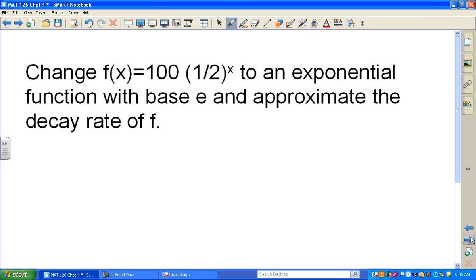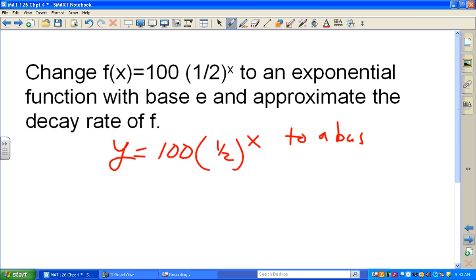Change f of x to an exponential function with base e. How do you change y equals 100 times 1/2 to the x to a base e? Change it to base e and approximate the decay rate of f.